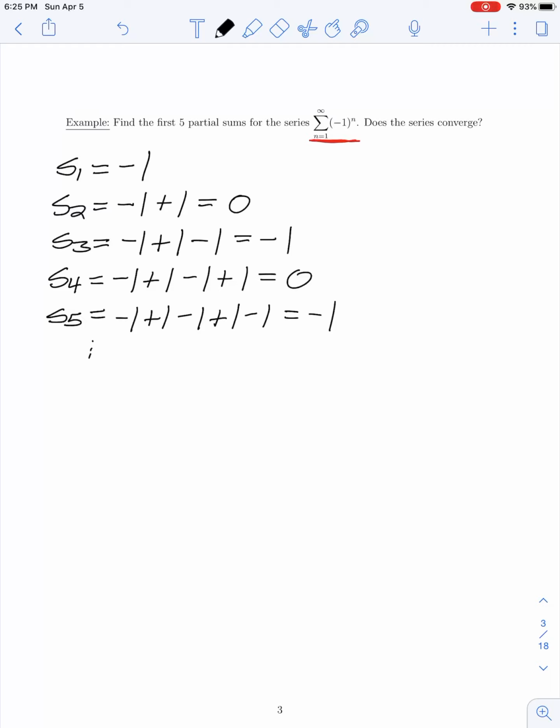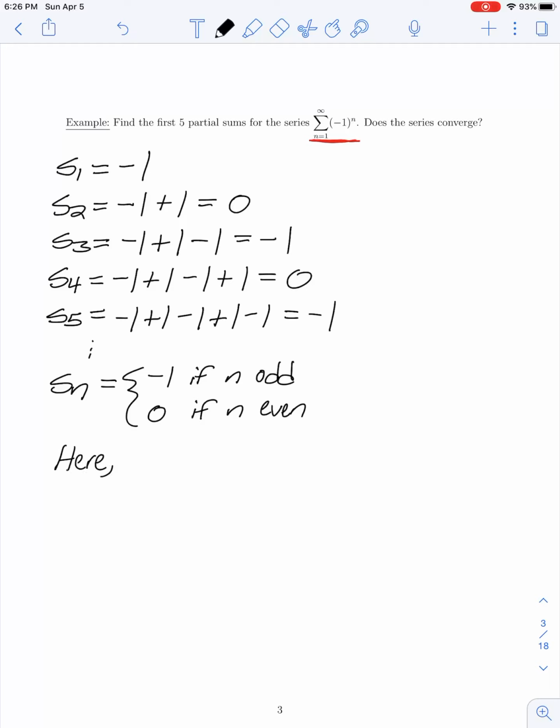So in general, the nth partial sum is defined piecewise. It's either negative 1 if n is odd, or 0 if n is even. So we see that our sequence of partial sums is an alternating or oscillating sequence, and there is no one number which it is approaching as n gets larger.